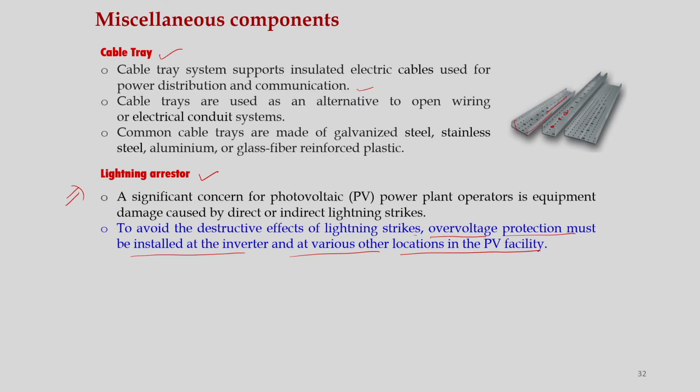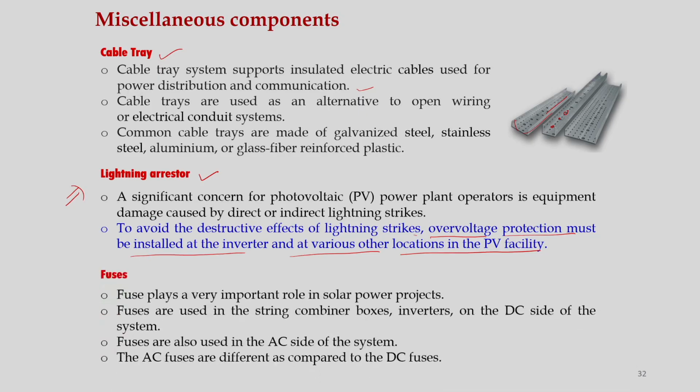Okay, so lightning arrestors are primary, and of course fuses are required. These fuses play a very important role in solar power projects. There are different fuses, like AC fuses are different as compared to DC fuses. So as per requirement, these fuses are installed in the prominent places, and this will protect the equipment for a longer life. Okay.